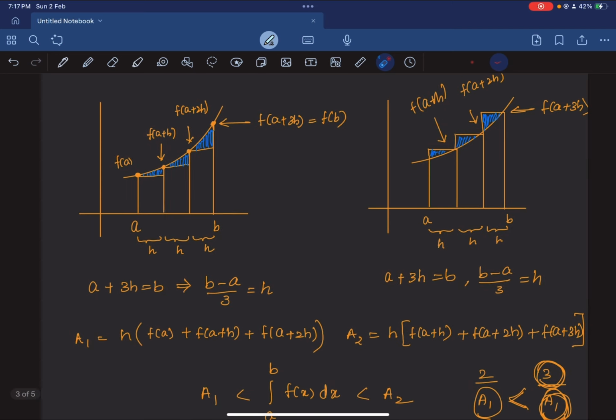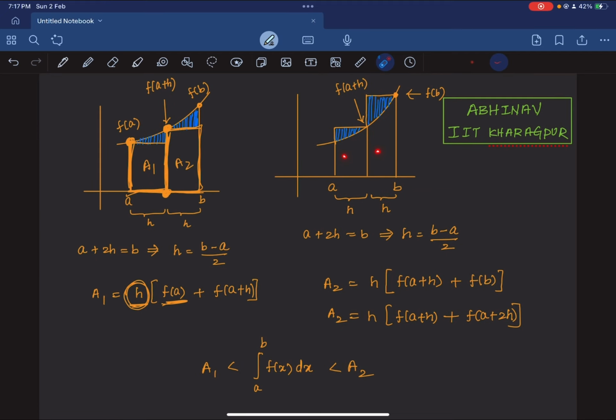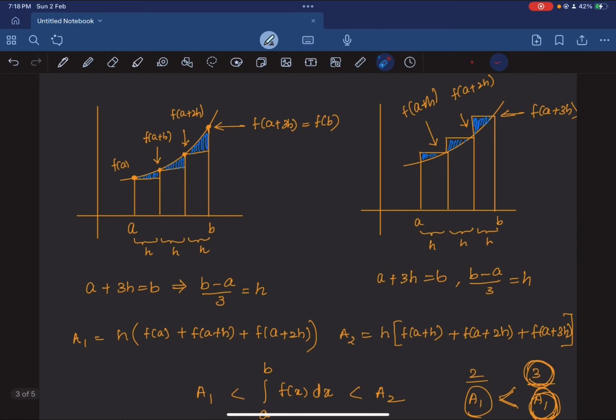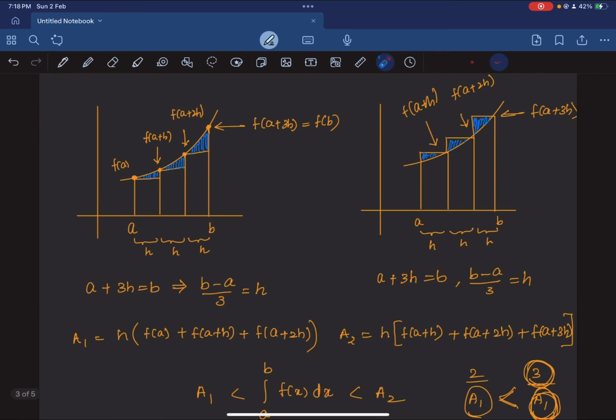Okay. Now let us see what a2 is. When we have 2 rectangles, a2 is f of a plus h plus f of a plus 2h. When we have 3 rectangles, a2 is f of a plus h, a plus 2h, a plus 3h. When we have 3 rectangles, we went till 3. When we have 2 rectangles, we went till 2.